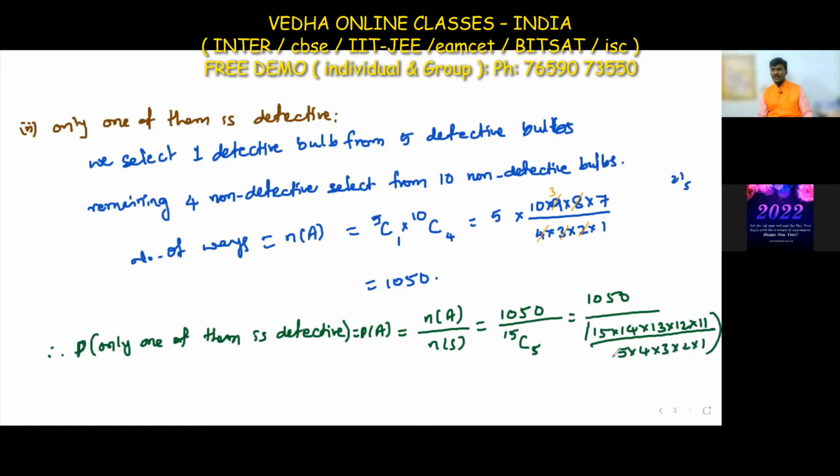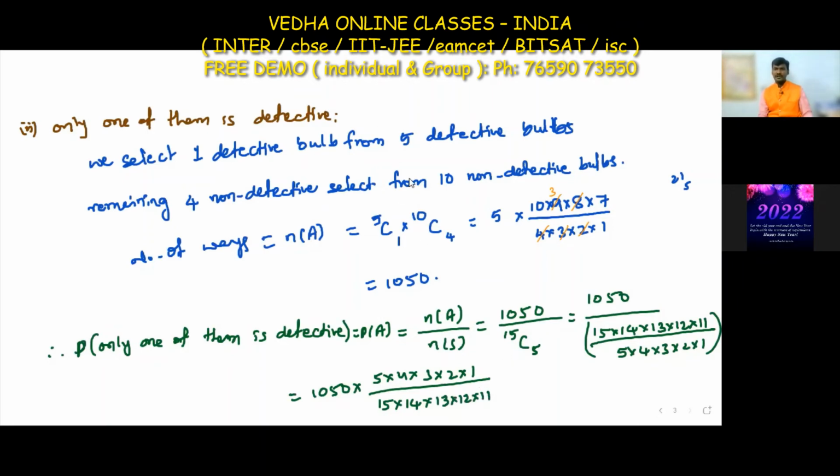Okay, so we have a fraction in the fraction, so take it to the numerator. That means 1050 into 5 4 3 2 1 divided by 15 into 14 into 13 into 12 into 11.